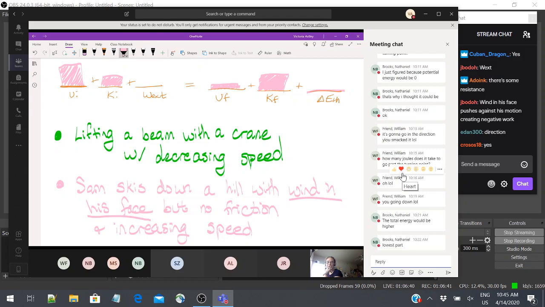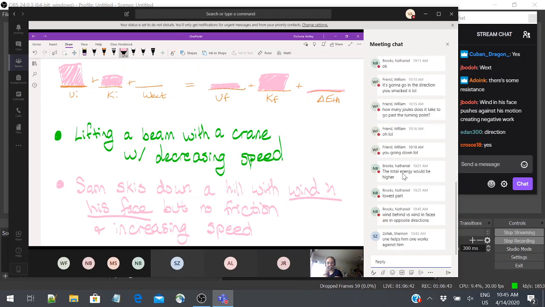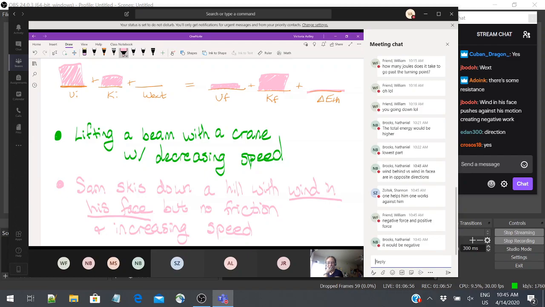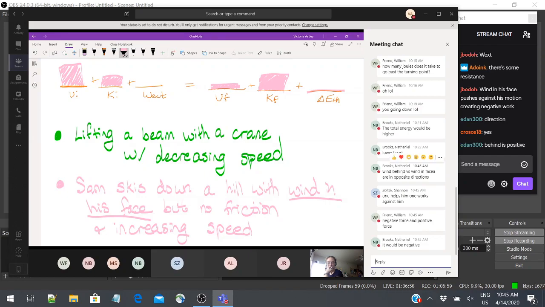So how do I draw that on my bar chart? Wind behind versus wind in his face are opposite directions. One is helping him, one works against him. So negative versus positive, okay? So it would be negative work. If the wind was from behind him, it would be positive work. So how do I draw it on my bar chart?